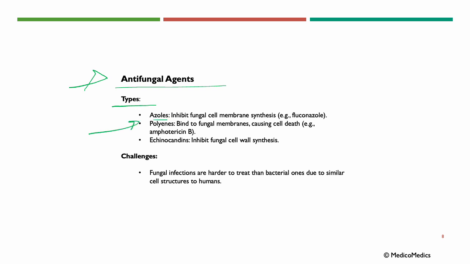Well, we have azoles. These inhibit cell membrane synthesis, like fluconazole. We have polyenes. These bind to fungal membranes, causing cell death. We have something called echinocandins. These inhibit fungal cell wall synthesis.